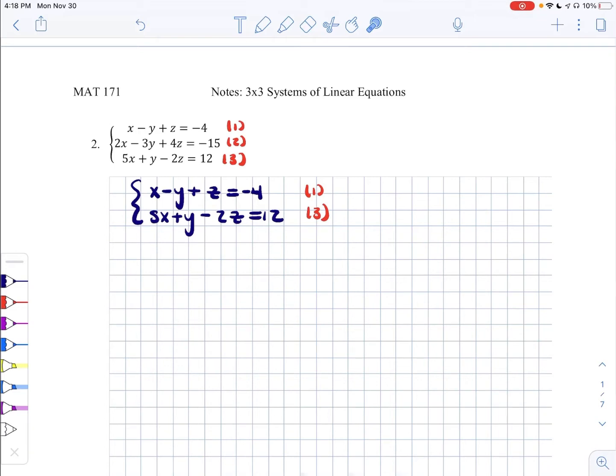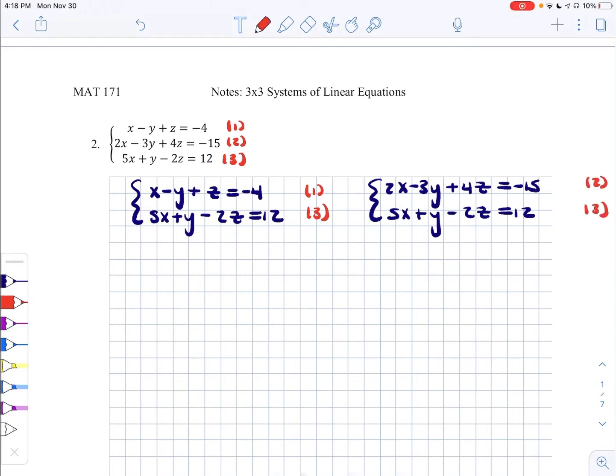So it'll be one less thing that we have to worry about when we're trying to eliminate that variable. So that's going to be my choice, is putting equations 2 and 3 together. Okay. All right, so now we can start eliminating.